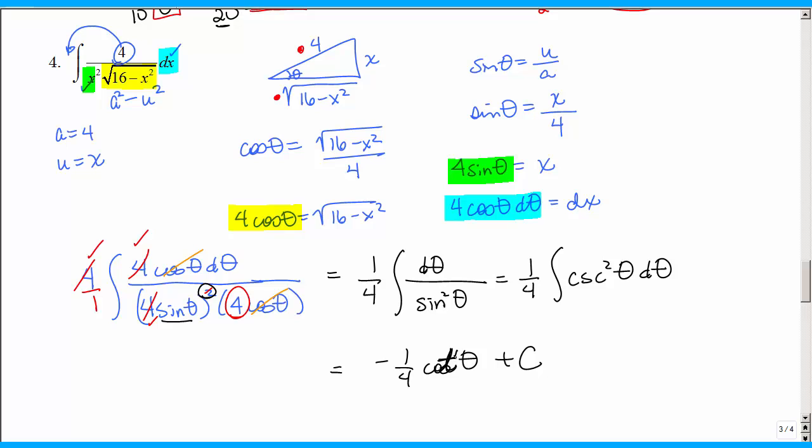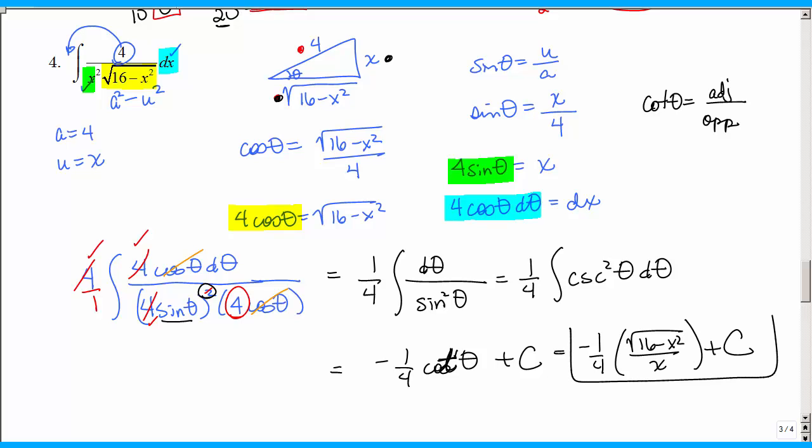I see that nowhere on my paper, but I can go to my triangle, right? Remember, cotangent of theta is defined to be adjacent over opposite. So that's going to be negative 1/4 adjacent over opposite. Not so bad.